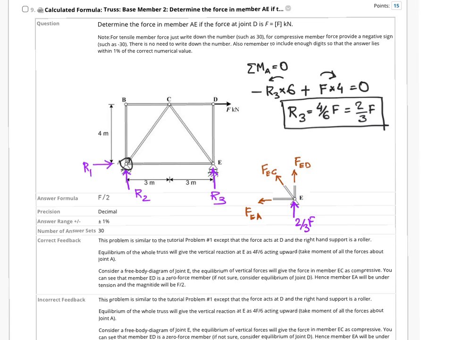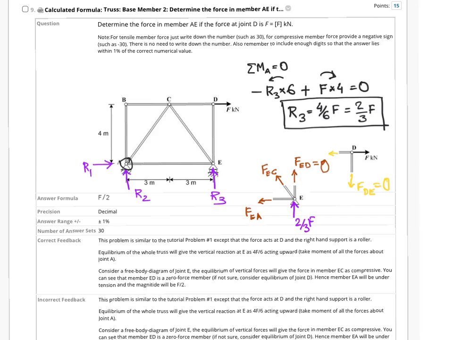Now we could possibly get an idea of what force E to D would be if I take an equilibrium of joint D. If I take an equilibrium of joint D in here, then I could say that vertical equilibrium of joint D would mean F to D equal to 0. So that means F to ED is also 0.